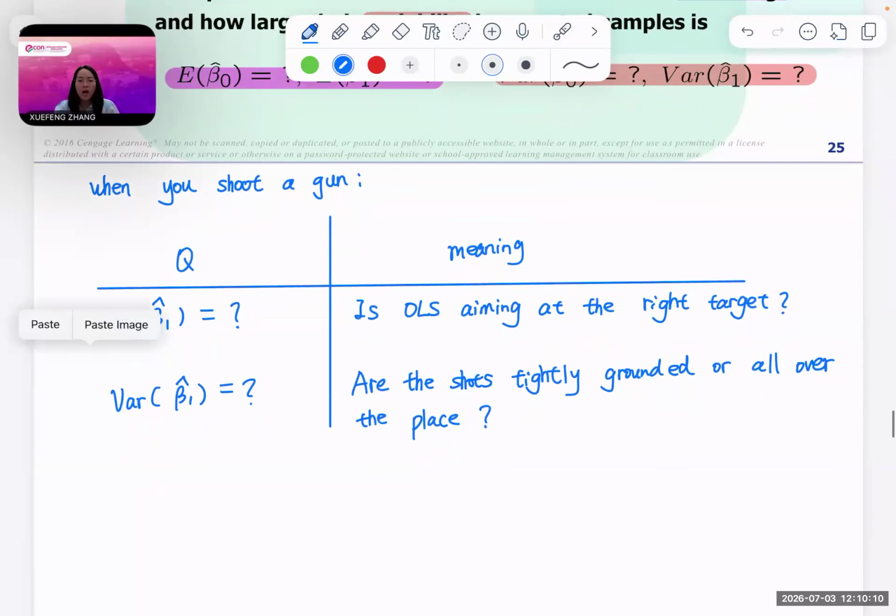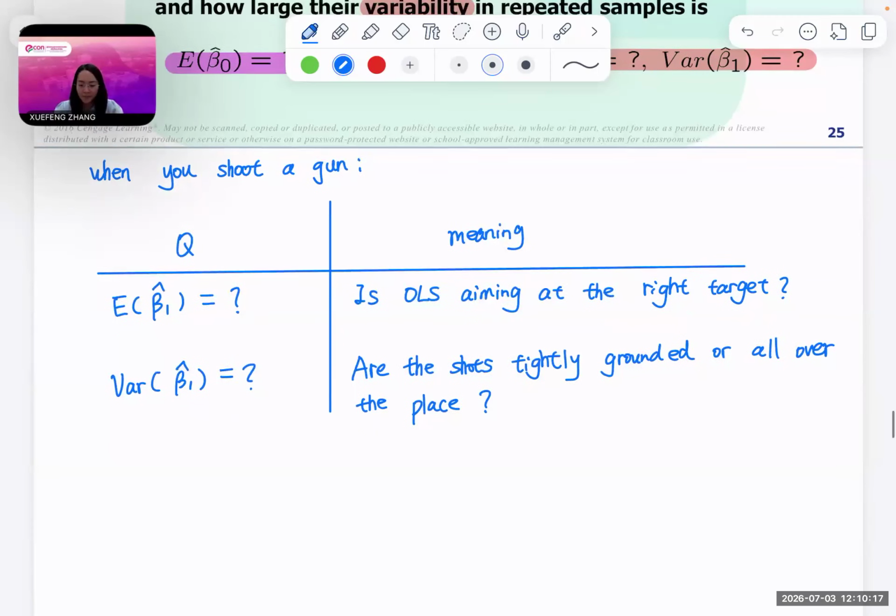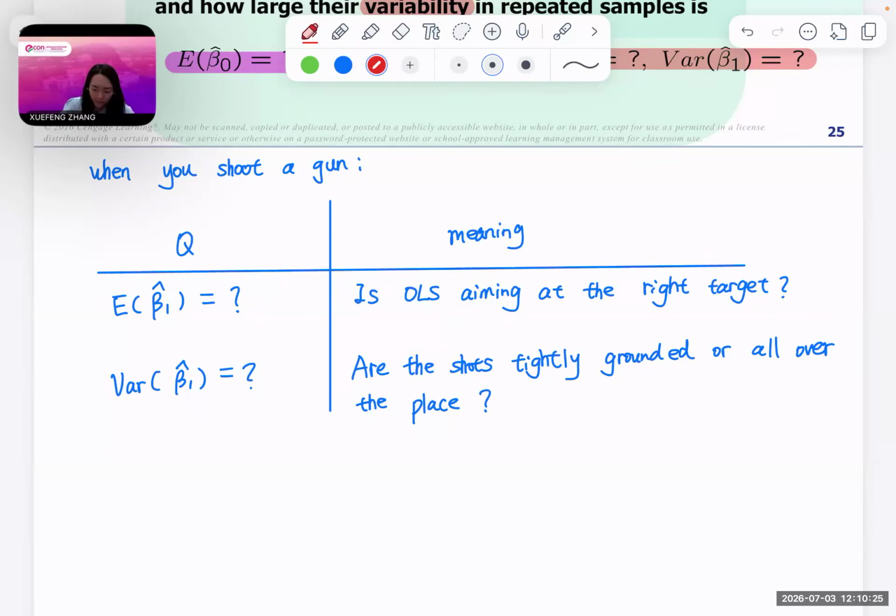Of course, we want both to be good, okay? The expectation and also the variance. If the expectation is good, we call it unbiased, which means you got the right target.